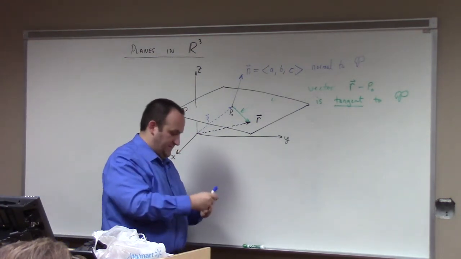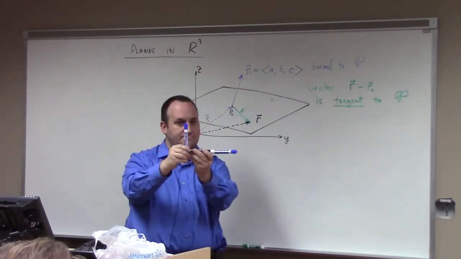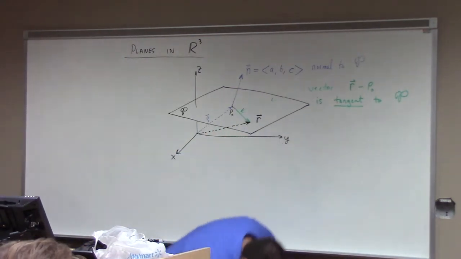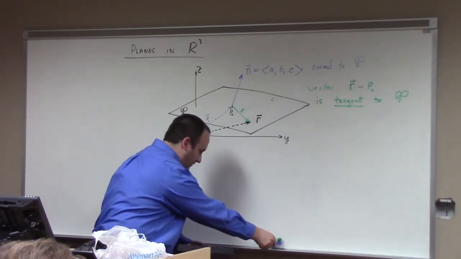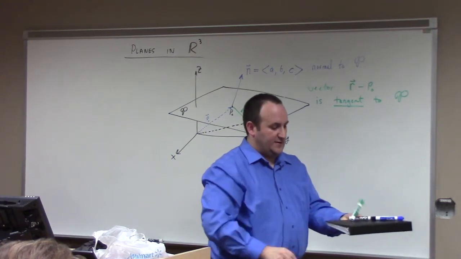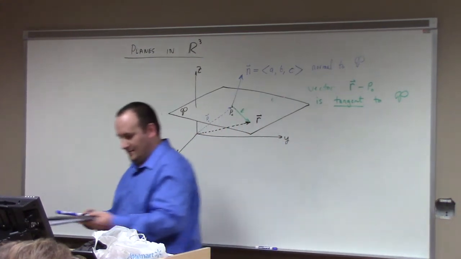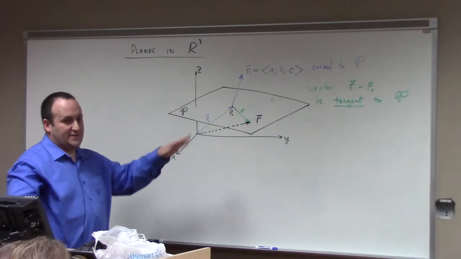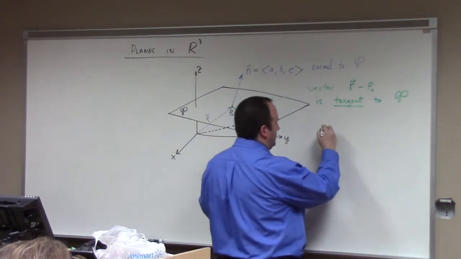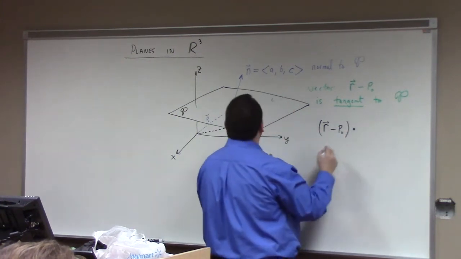If this is the tangent, the normal has to be like that. Getting back to my plane, if I have a vector which is tangent to the plane, like this one, the normal has to be at a right angle. So clearly R minus P naught should be perpendicular to the normal, right?